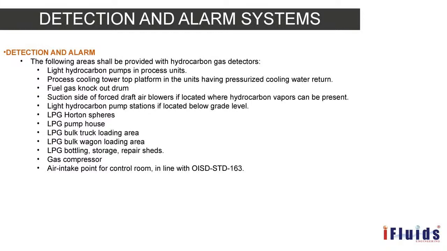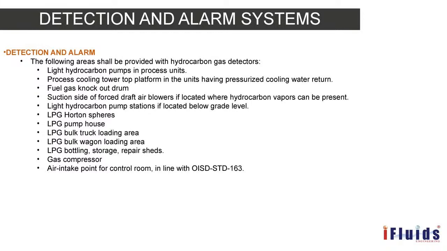Detectors need to be provided wherever class A materials or class A pumps are there. Then the process cooling tower top platform: wherever there is a pressurized return line, cooling water return line, near it you need to provide one hydrocarbon detector. And adjacent to the fuel gas knockout drum you also need to provide one hydrocarbon detector.